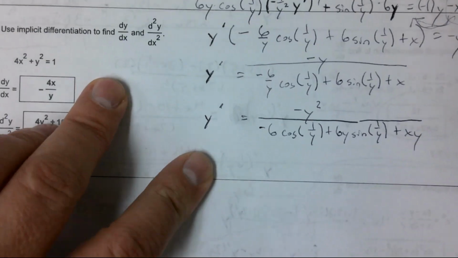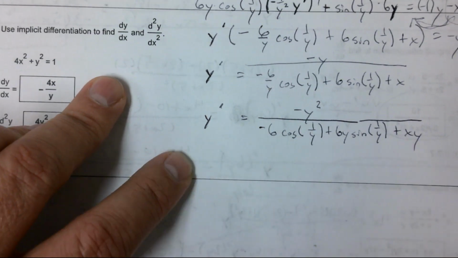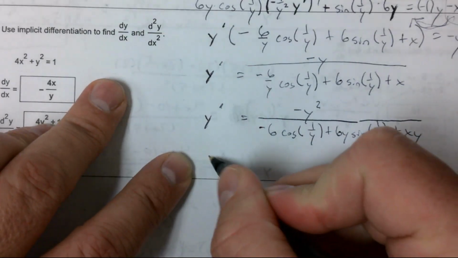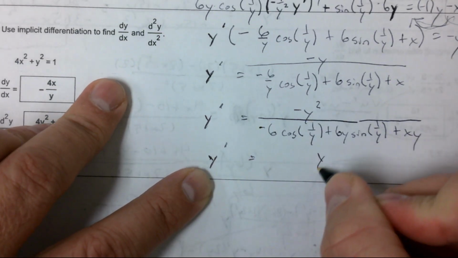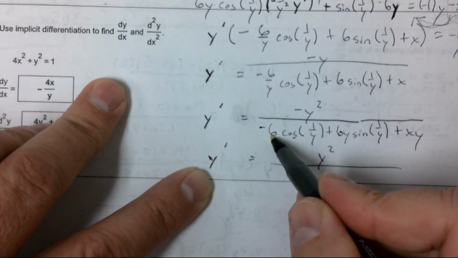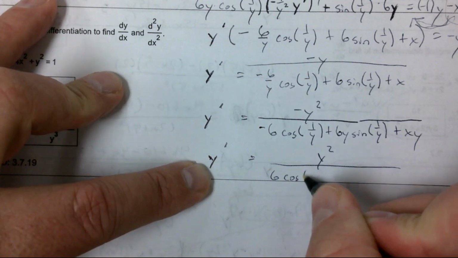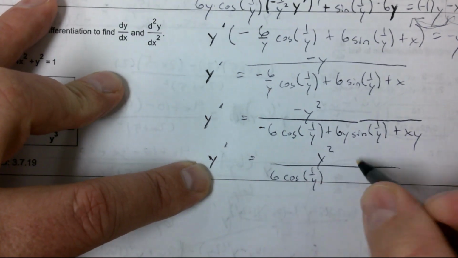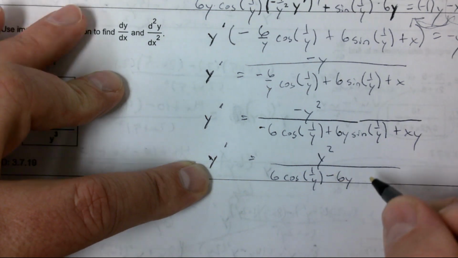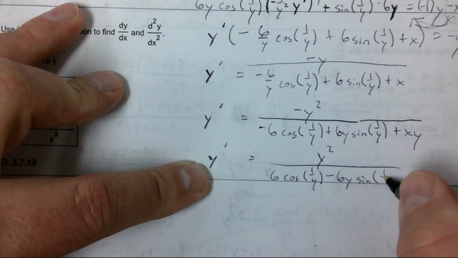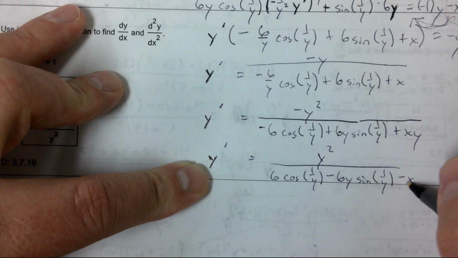So then it looks like the last step is just divide your positives and negatives, like 2 negatives make a positive. So we have this to be y squared, and then just change this negative 6 to be positive 6. Keep it 1 over y, and then change the positive to a negative, 6y sine 1 over y, and then change this positive to a negative, so minus xy.